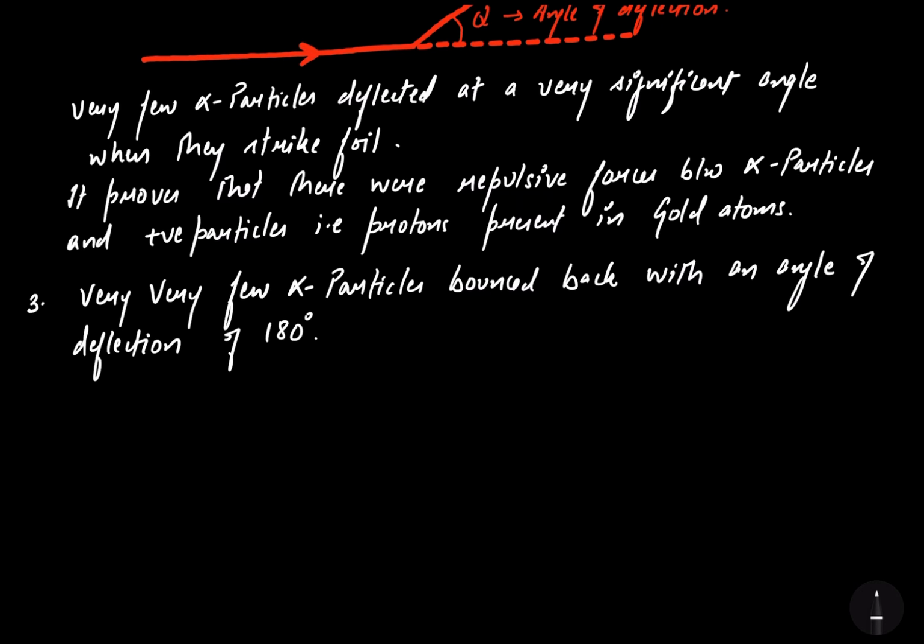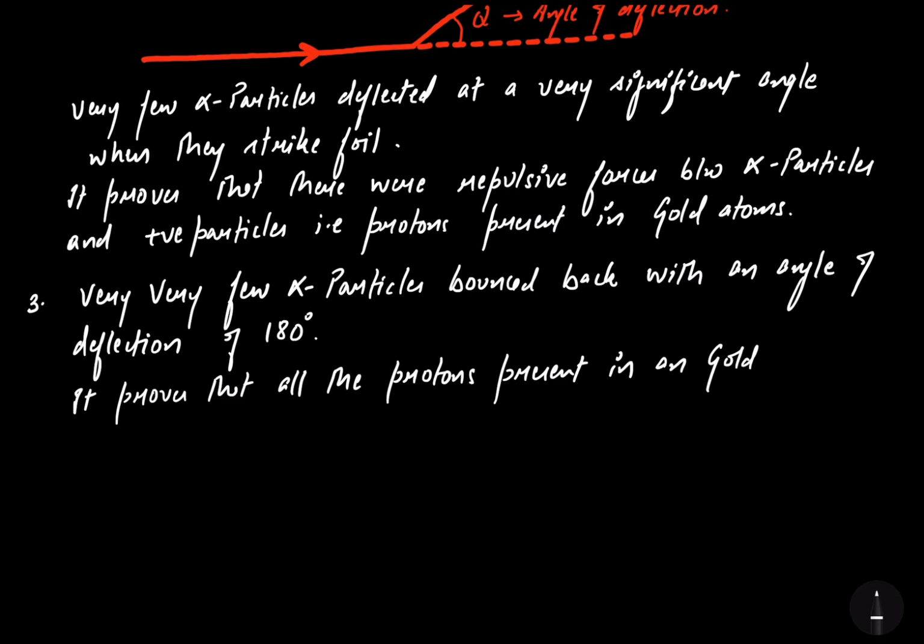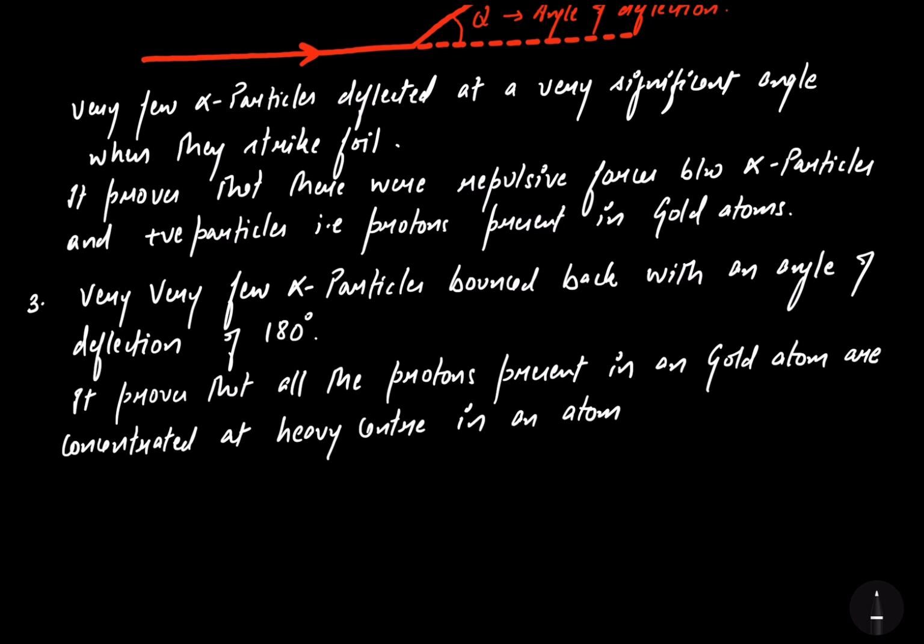So from this observation, Rutherford inferred that, I'm writing, this observation also proves that all the protons present in an atom, present in a gold atom, are concentrated at a heavy center in an atom, and that heavy center is termed as the nucleus.